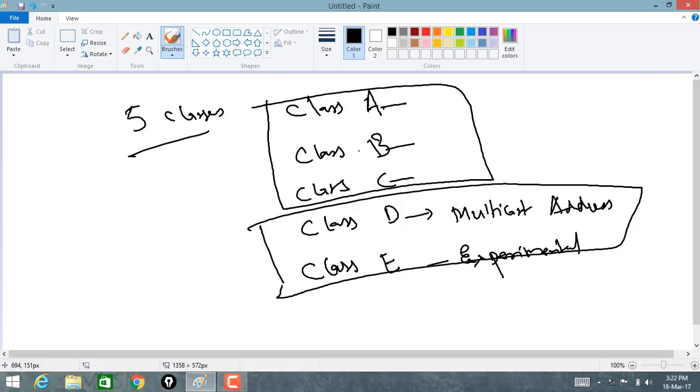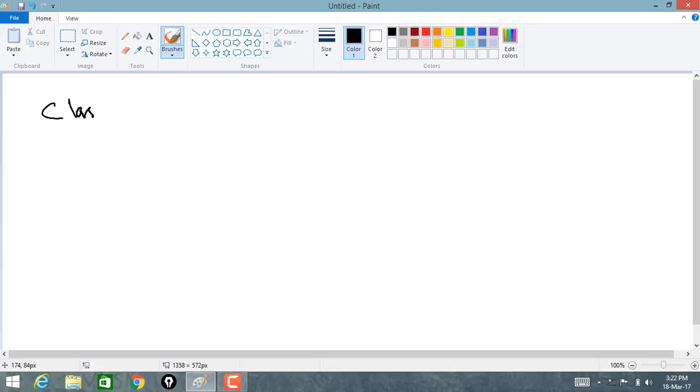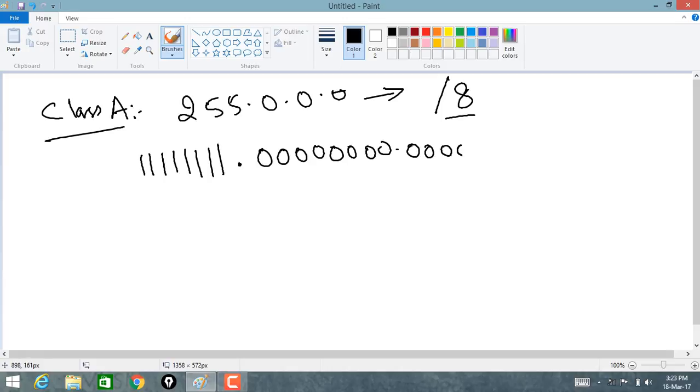Let's see the default subnet mask of class A, that is 255.0.0.0. We also can write it like /8. When we say /8, it means 8 bits are on: 1, 2, 3, 4, 5, 6, 7, 8, and the rest are all zeros.